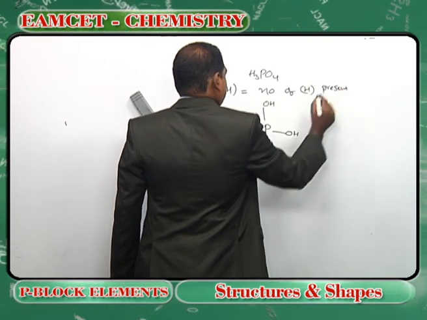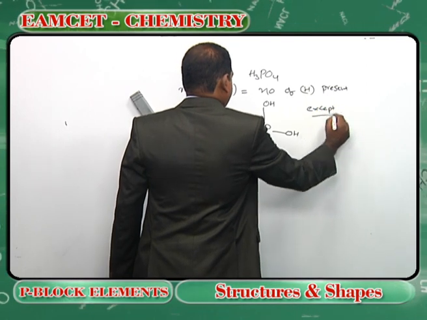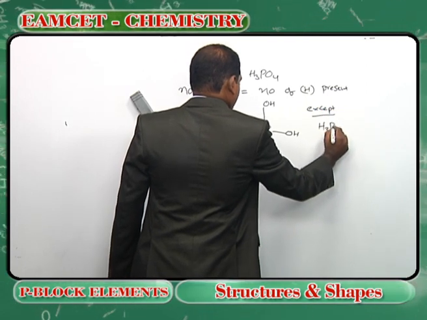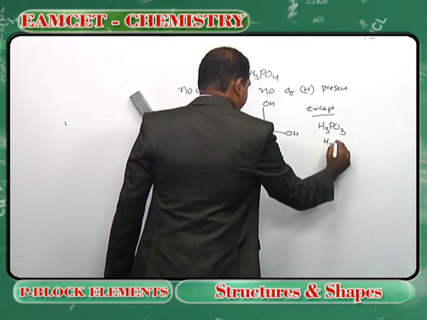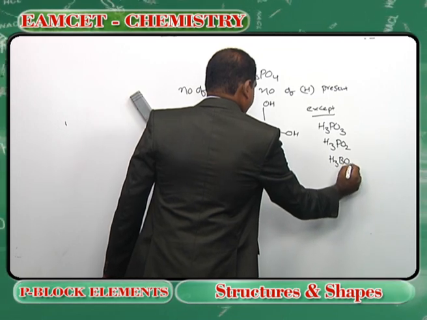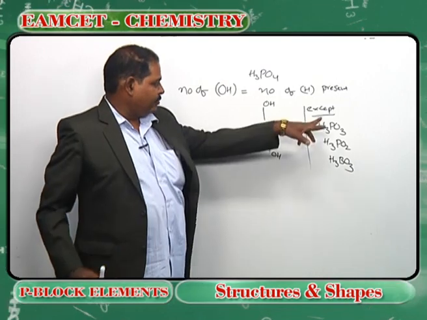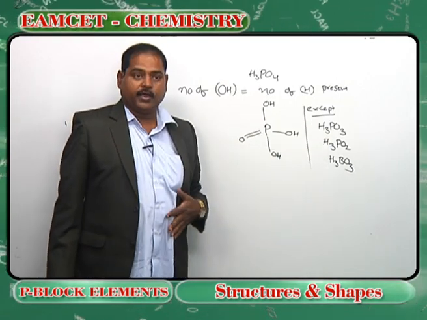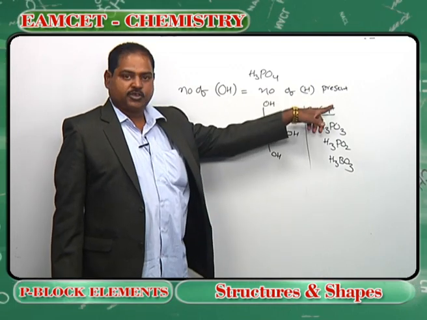Of course, you have 3 exceptions. You just forget them: H3PO3, H3PO2, H3BO3. If you ignore these 3 acids, all others, number of OH is equal to number of hydrogens present.